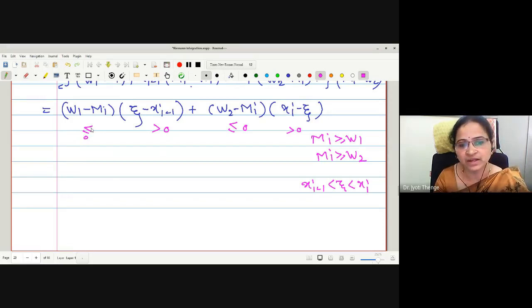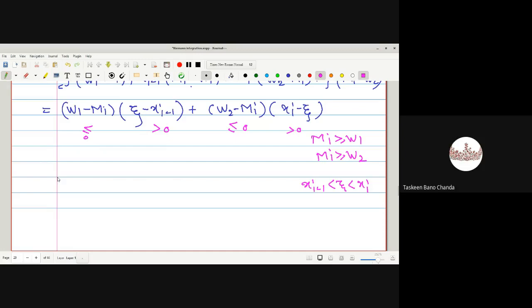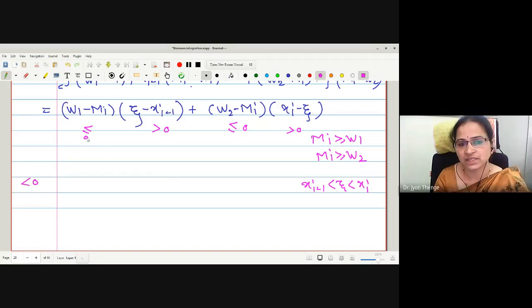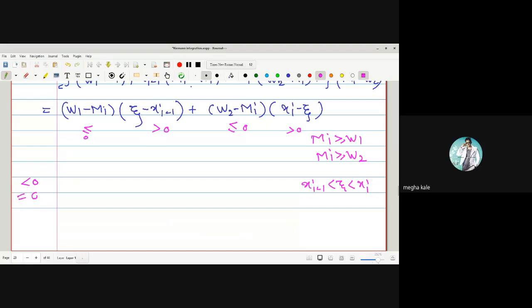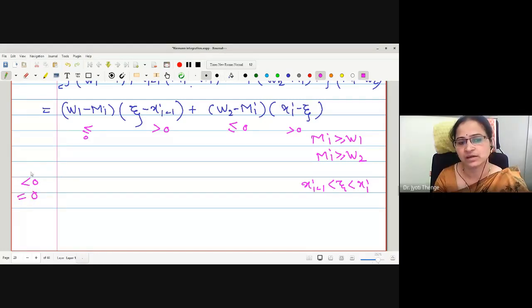If I take negative first, what is the multiplication of negative and positive? Negative. And if I take 0, 0 into positive? 0. So what is the possibility? Less than or equal to 0. Therefore, these two combined give me less than or equal to 0.